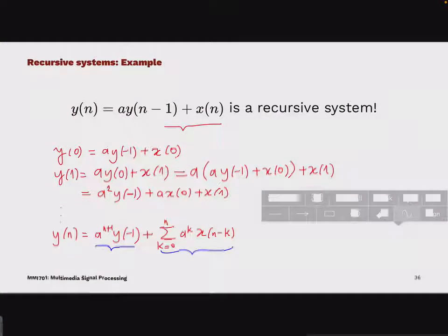Okay, so if the input is 0, that is, if all values of x are 0, the output of the system is this first part, and that is going to depend on the state of the system at time n equals -1. That is, whatever value the system was storing at y of -1 is going to form the output of the system.